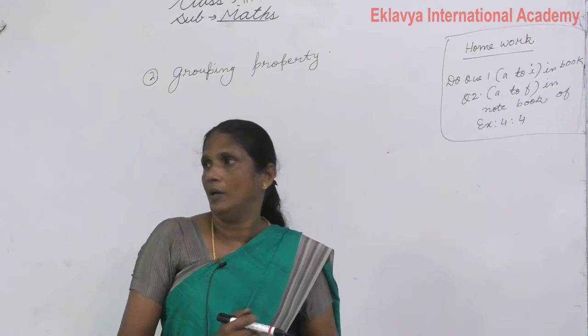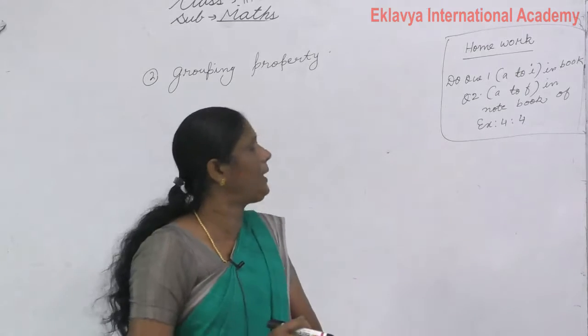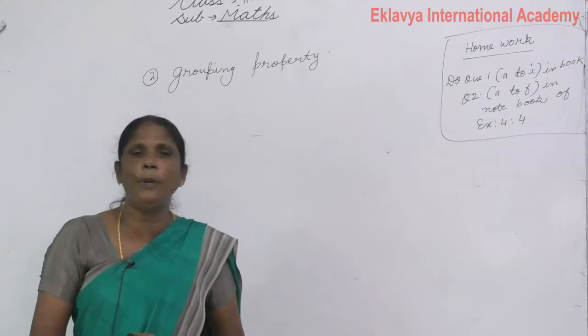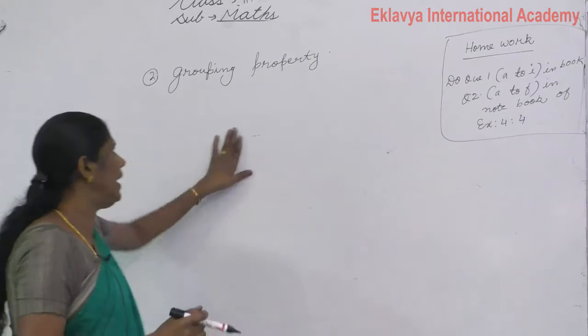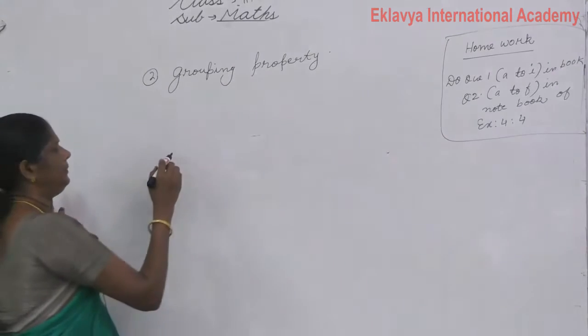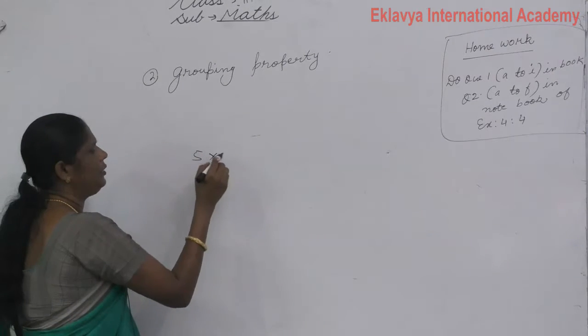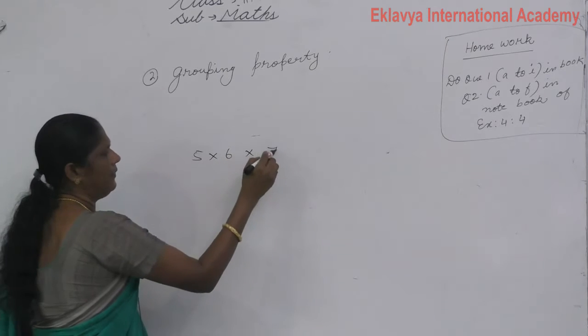That property is called the grouping property. When there are 2 or more numbers, we change the groups. For example, 5 into 6 into 7.